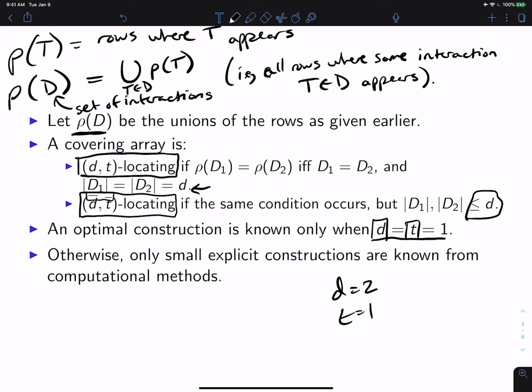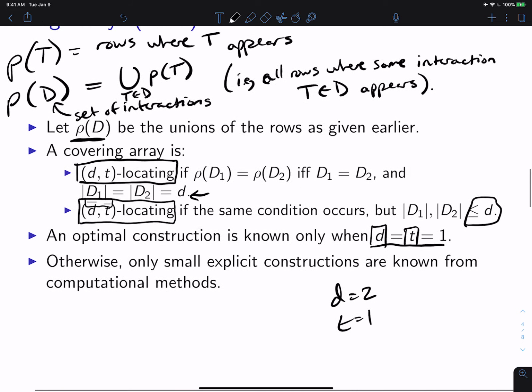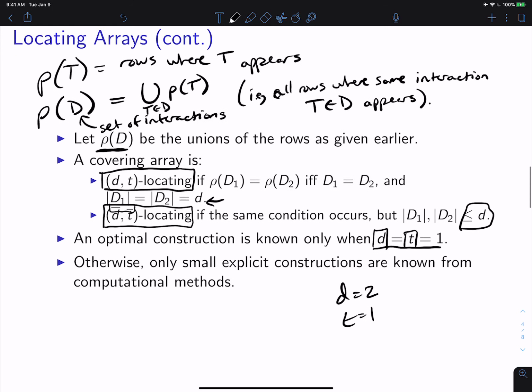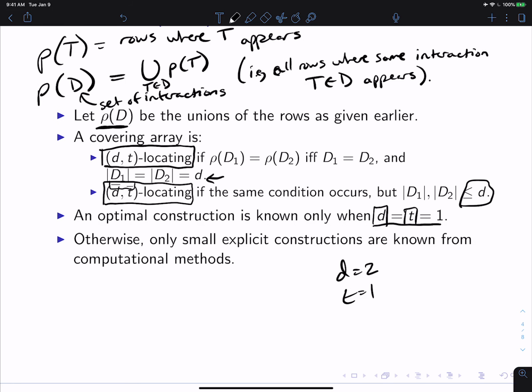But there are some constructions of infinitely many optimal locating arrays for other parameters. It's just that we don't have every single choice of a certain number of columns to know the number of rows. So basically the landscape is more bleak than the covering array case because of this additional constraint. There is a lot of work here, but quite a lot is still unknown. Okay.